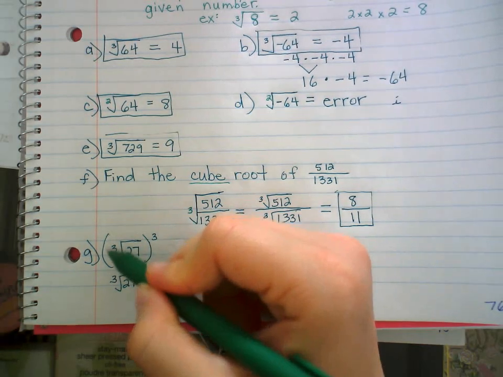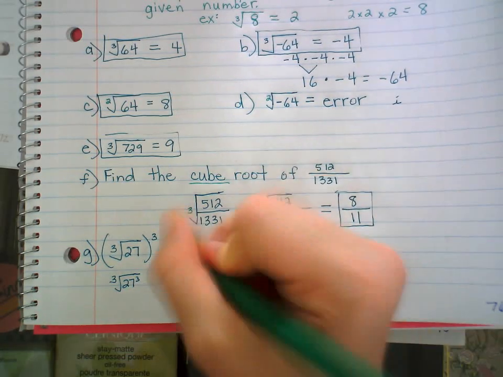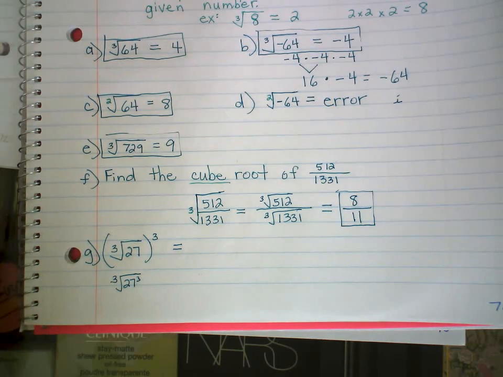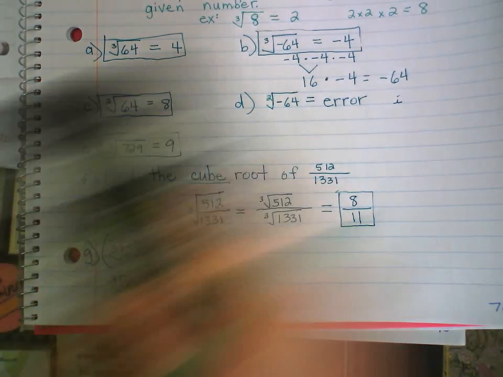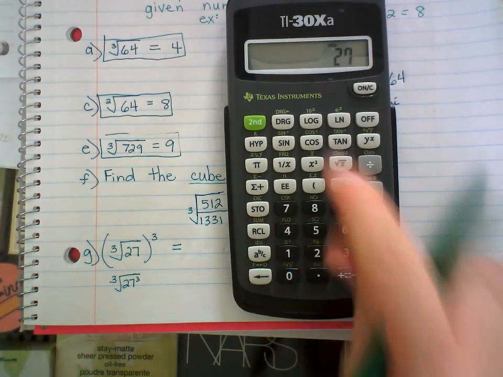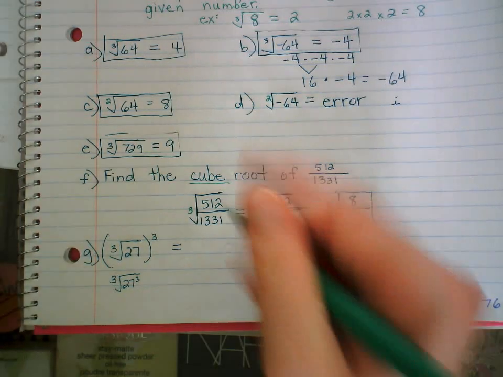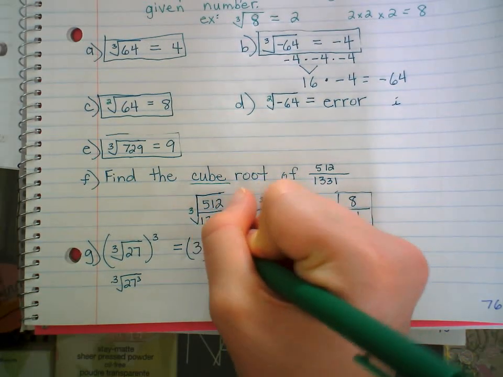So the radical with the cube and the exponent of 3 cancel each other out, and you can prove that. So cube root of 27, well, we already know it's 3 times 3 times 3 is 27. So cube root of 27 is 3. And then we have 3 cubed.